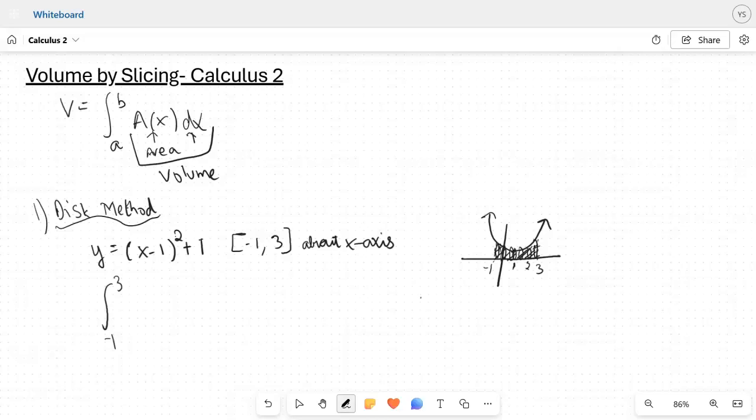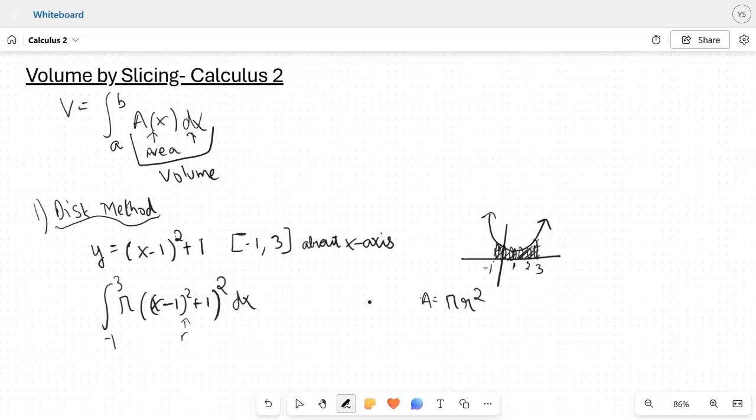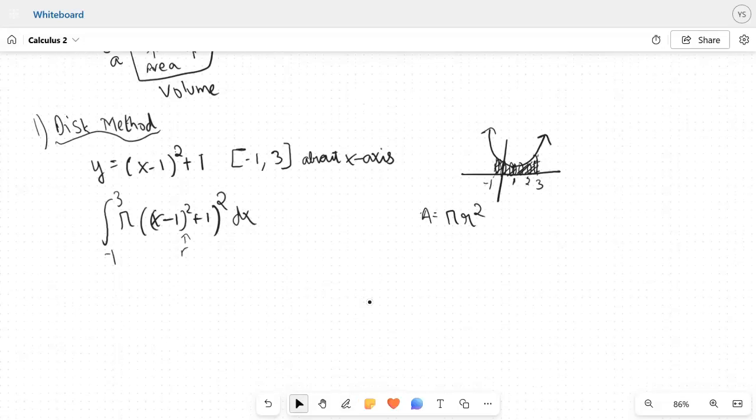It's gonna be pi r squared, right? So we try to put that over here. Okay, so we're gonna put in pi. What is the function? (x minus 1) squared plus 1 dx, and remember we're gonna square this, pi r squared. So this is what's gonna be our radius.